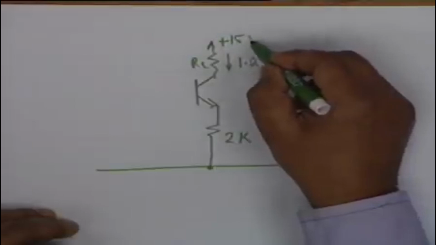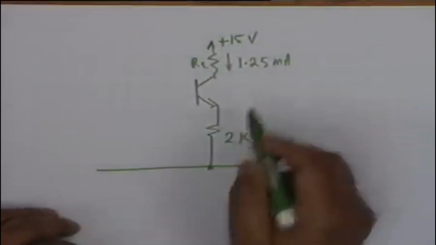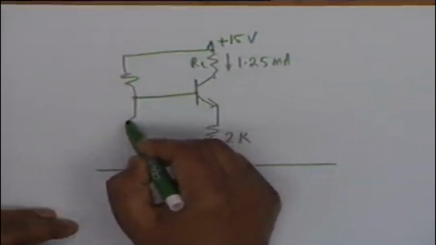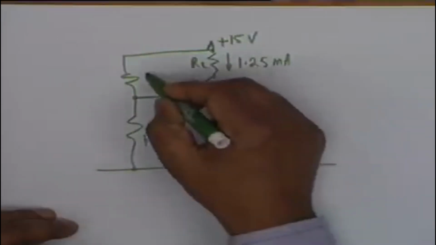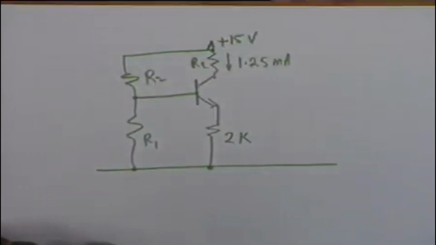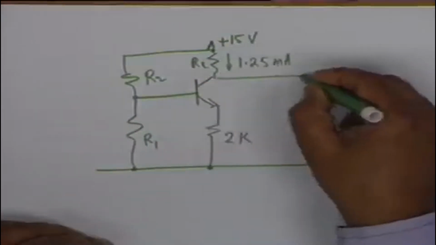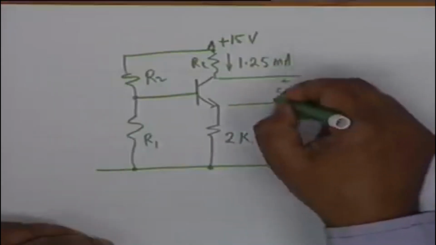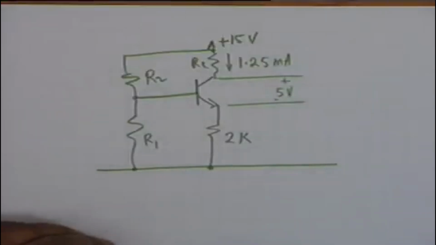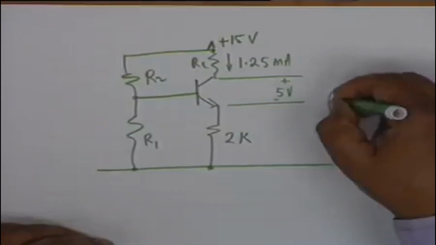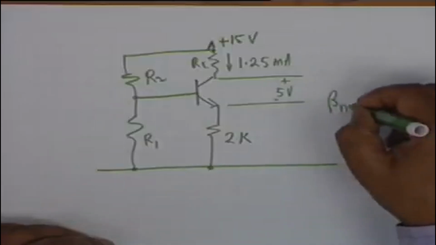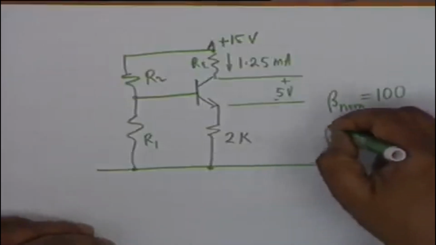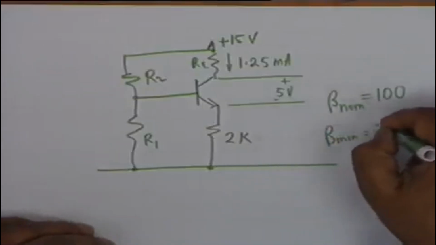The VCC is specified as 15 volt, and you will now have to find out the other resistances, namely R1 and R2. VCE is specified as 5 volt. Beta nominal is specified as 100, and beta minimum is specified as 70.